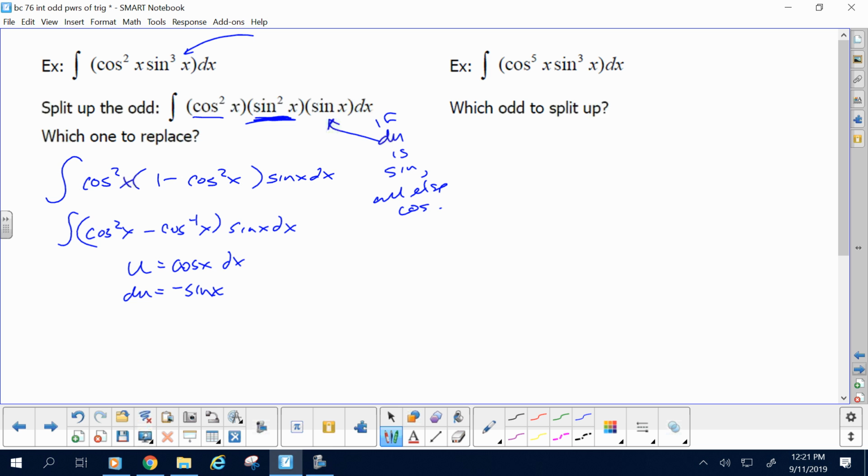If there's a place to be careful, that's the one when that negative pops up. A lot of errors are made there. Upon substitution, then, this becomes u squared minus u to the fourth times du or negative du? Negative du. So I guess you could say this is u to the fourth minus u squared positive du. I took that negative in.